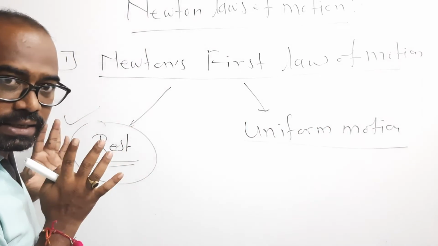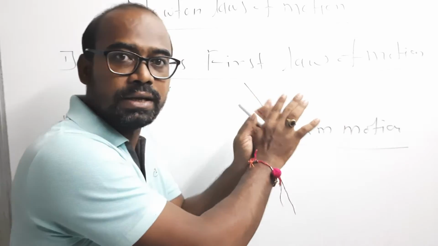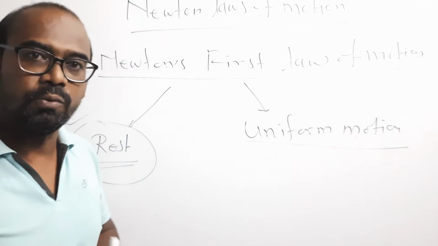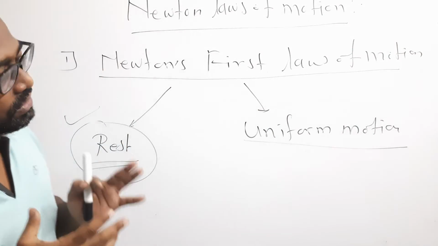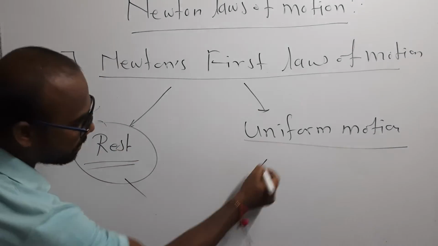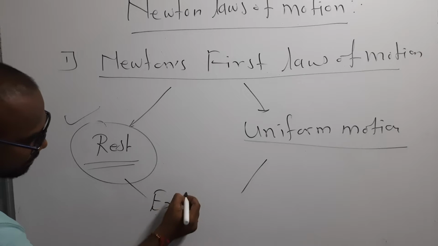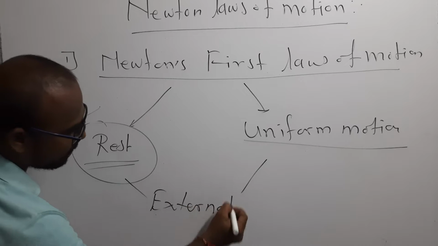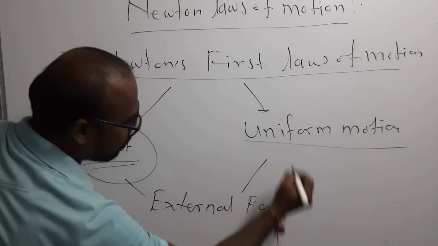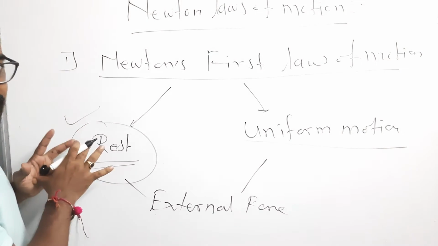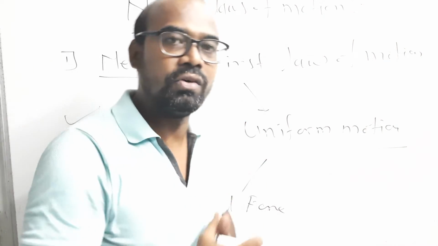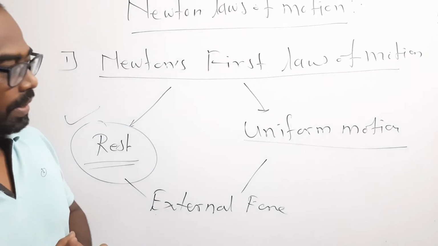Rest है तो rest रहेगा and uniform motion है till uniform motion, till the external force does not act. Net force does not act on that state. State means in rest or in a uniform motion, right?